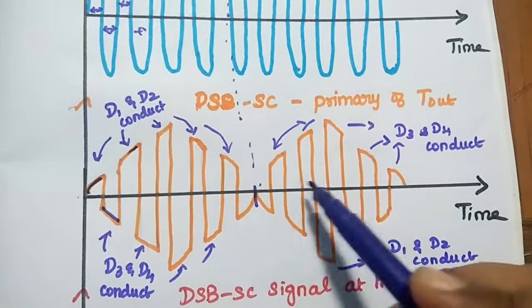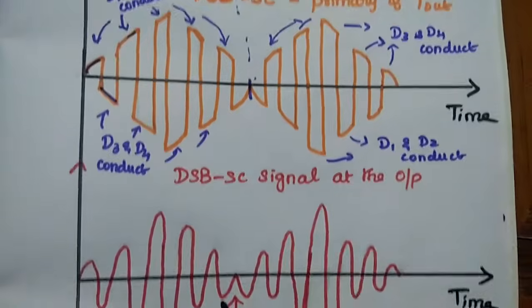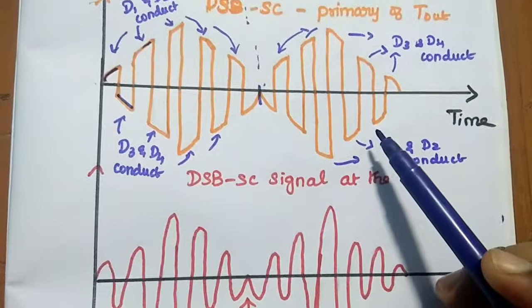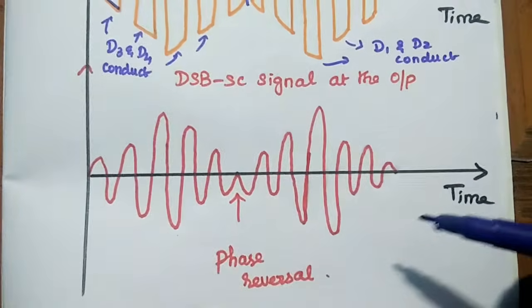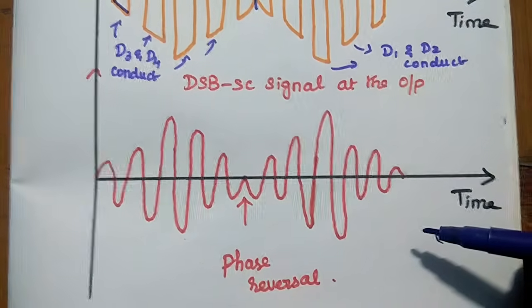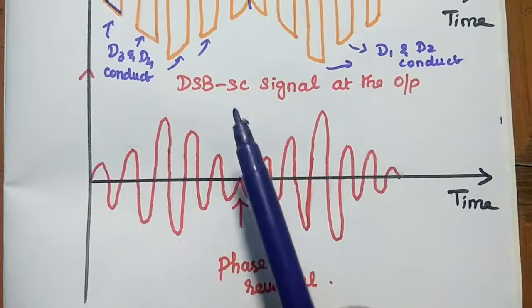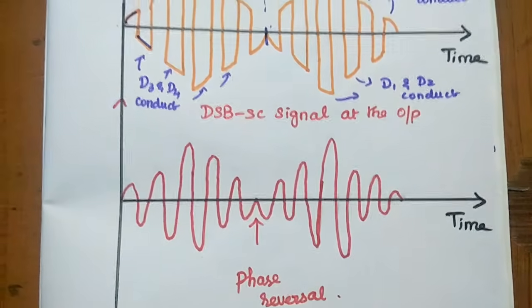This change happens because of the carrier signal. Here this is the primary winding output. In the secondary winding, this is the actual output from the output transformer. This is the double sideband suppressed carrier signal. So here you can see the relation.